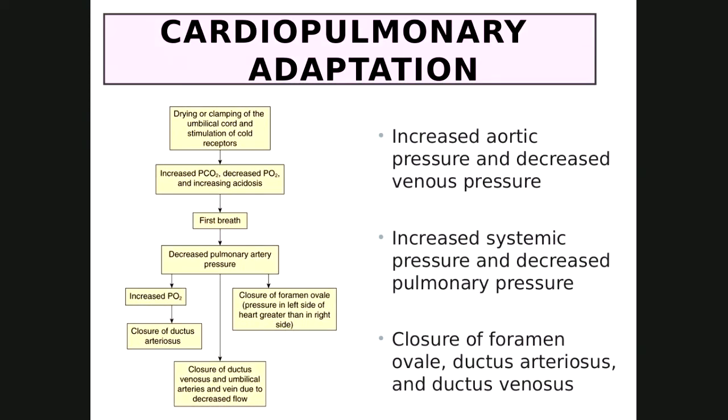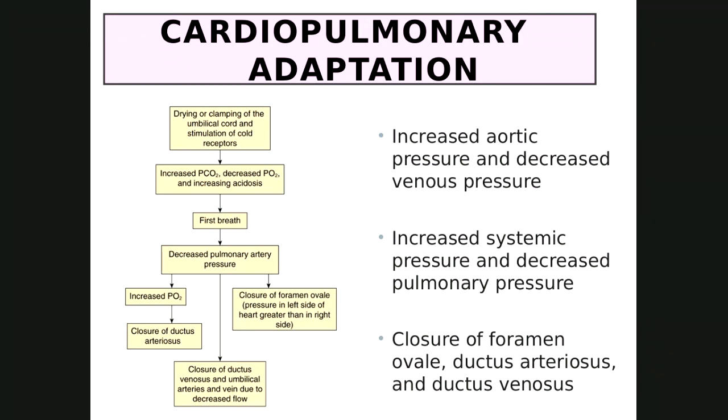the babies will need to change, right? The cardiopulmonary adaptation will need to change as well. So what that is, once you dry and clamp the umbilical cord, this will stimulate your cold receptors, okay?